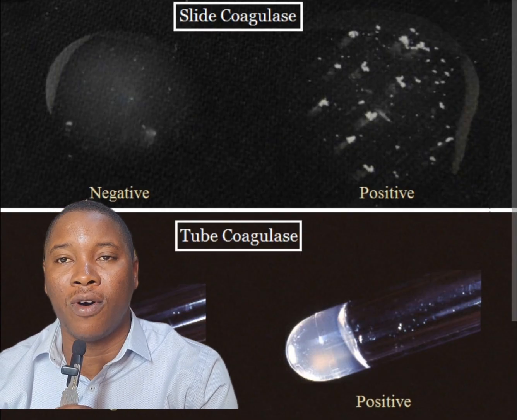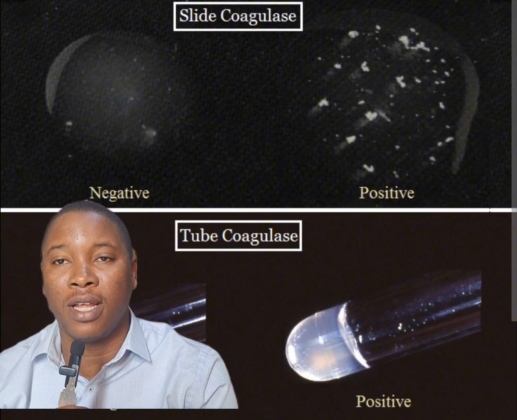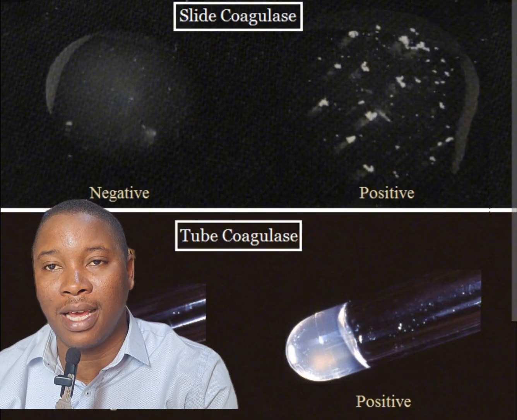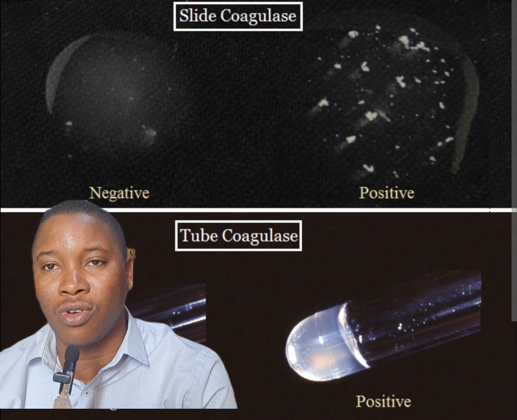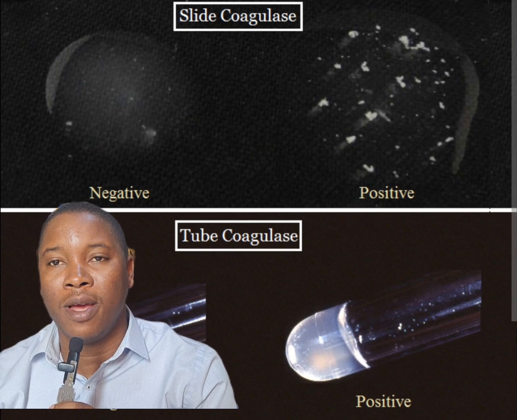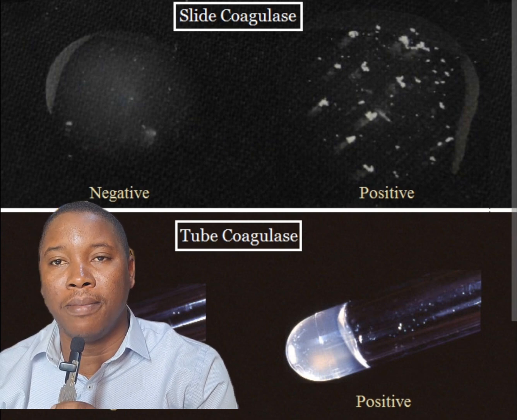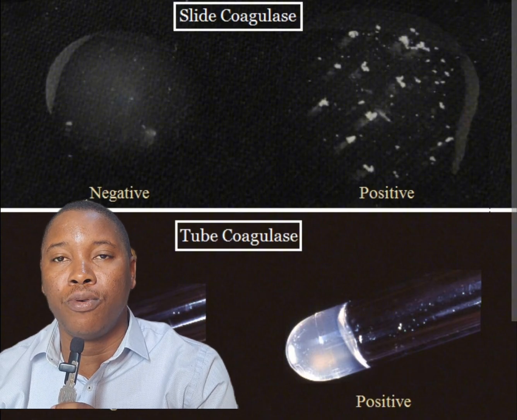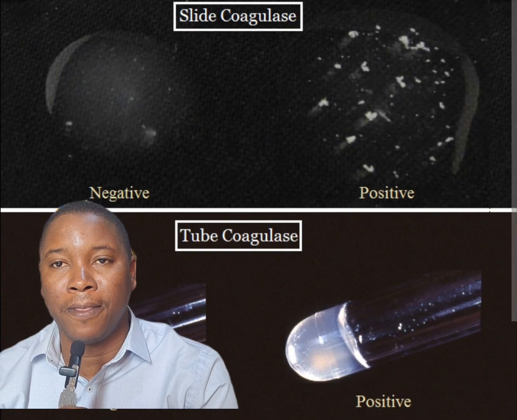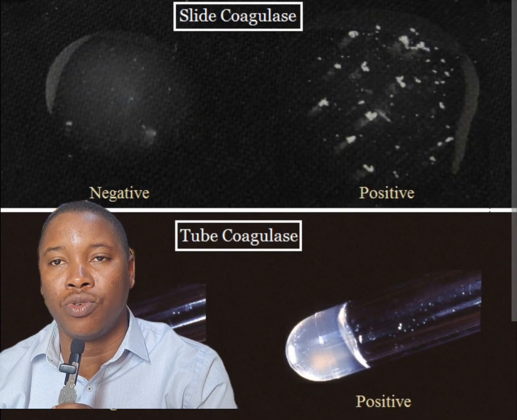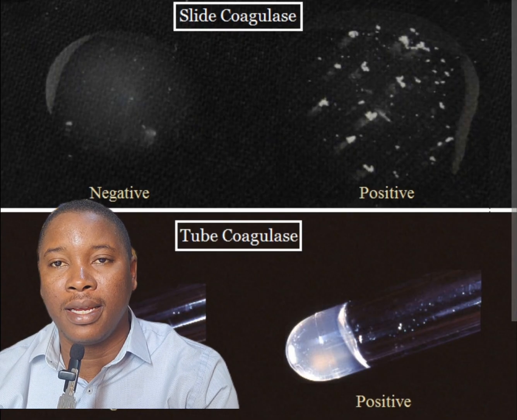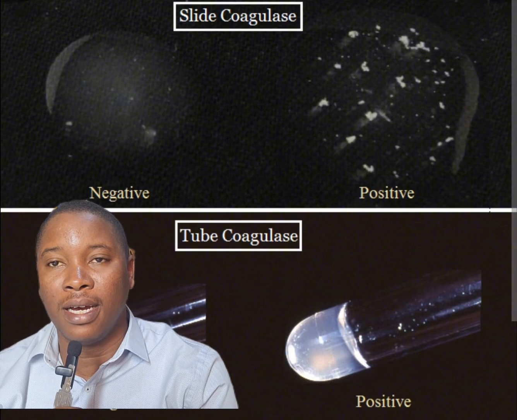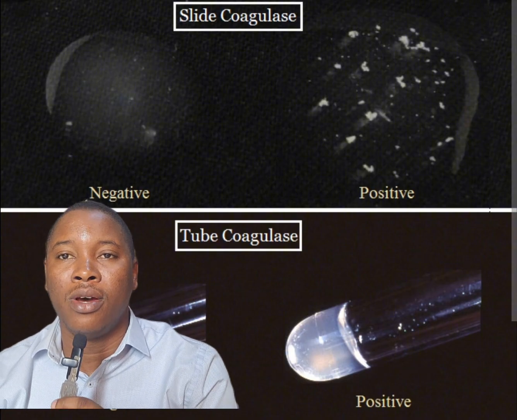If you're testing for bound coagulase, you're going to test for that using glass slides. So it's a simple test. Two glass slides, one acts as control and one is the test group. And then you put either saline or distilled water on the two glass slides, and then you put your rabbit plasma, just a drop, maybe 1 ml, 2 ml, on the glass slide that has distilled water or saline on it.